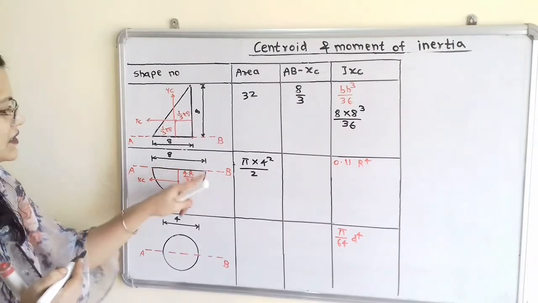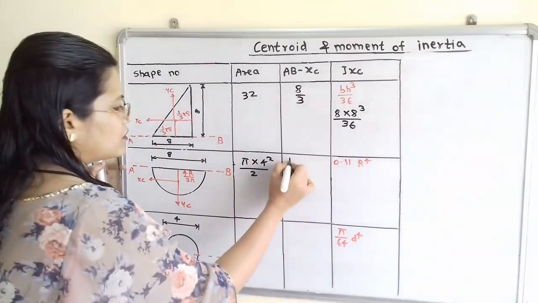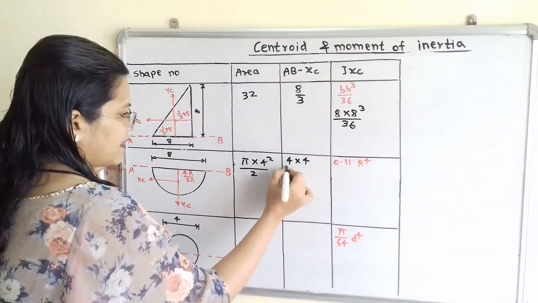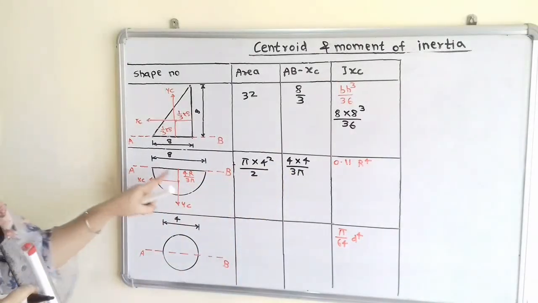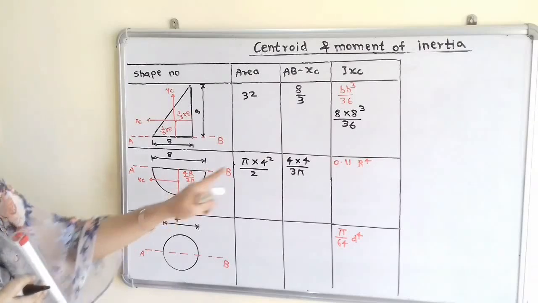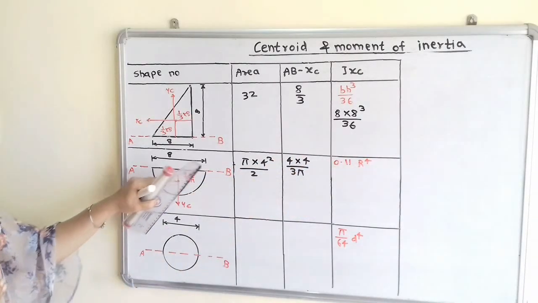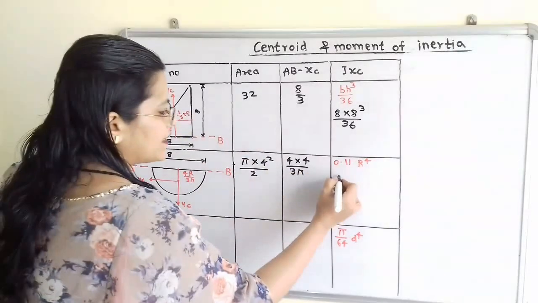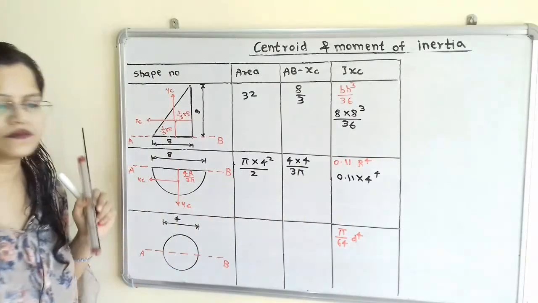So radius of the semicircle is 4. So 4 multiplied by 4 divided by 3 pi. Now we know the moment of inertia along XC for semicircle. So here is the formula: 0.11 r raised to 4, where r is 4. So we will write here 0.11 multiplied by 4 raised to 4.